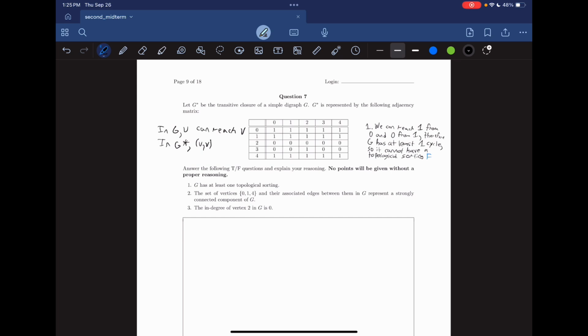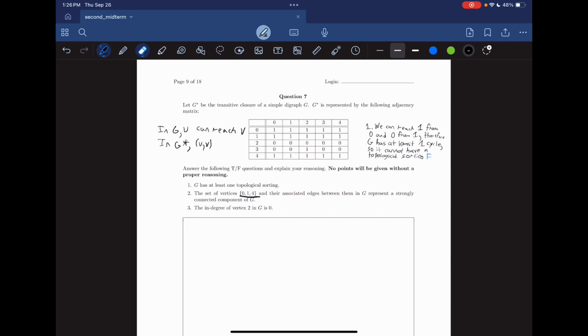In this set of vertices 0, 1, 4, in G, 0 should be able to reach 1, 0 should be able to reach 4, 1 should be able to reach 0, 1 should be able to reach 4, and 4 should be able to reach 0, and 4 should be able to reach 1. All of those three vertices should be able to take some path to reach one another.